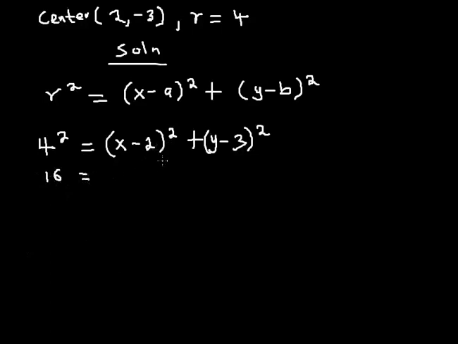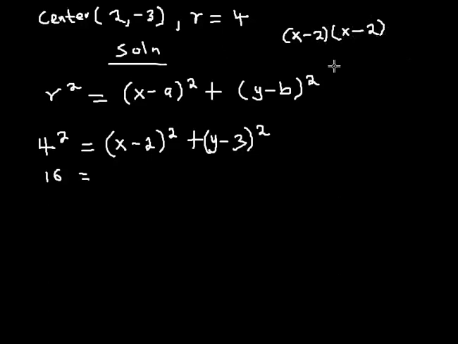All right, with what we have here, of course you know very well that 4 squared is 16. Now to expand this, the shortcut is as good as just going through the long cut, where you multiply this bracket. (x minus 2) squared is written as (x minus 2) times (x minus 2), then you expand.